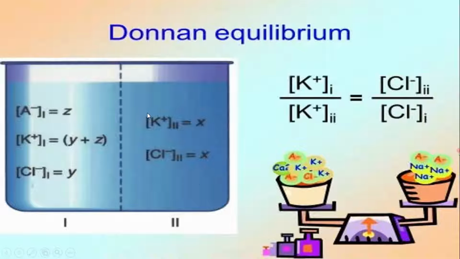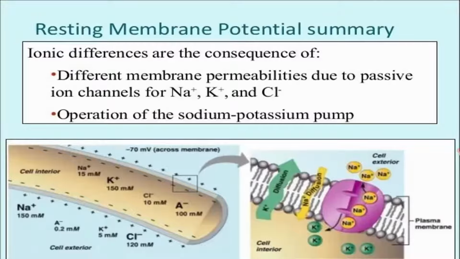We are not considering sodium now. So the distribution of potassium and chloride across the cell will be predicted by the presence of protein. This can be seen with this equation: potassium on the first side into chloride on the first side will be equal to potassium on the second side into chloride on the second side. This is the Gibbs-Donnan equation and Gibbs-Donnan equilibrium.